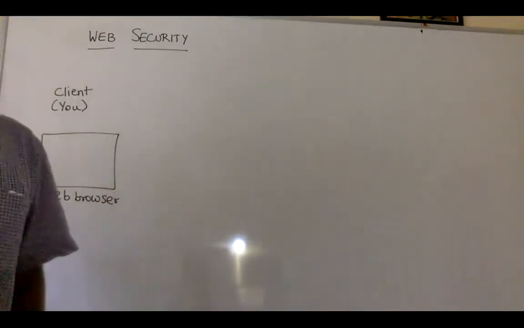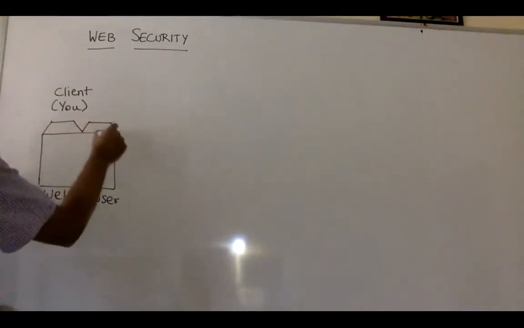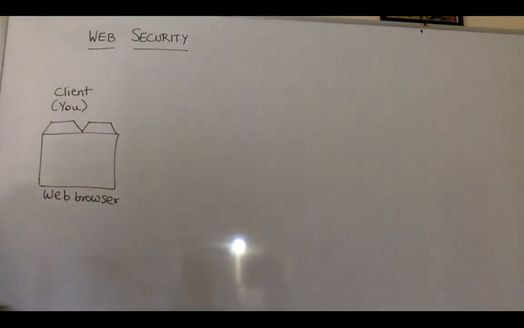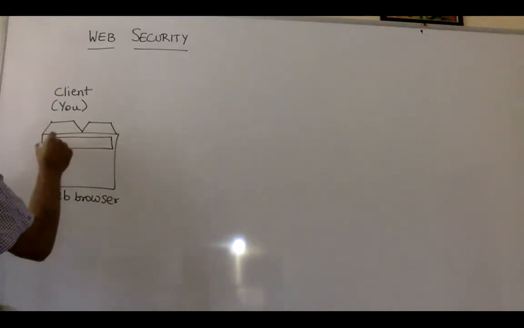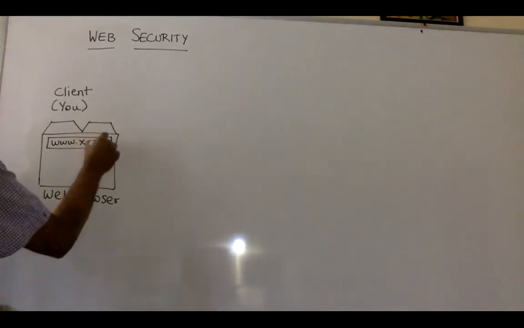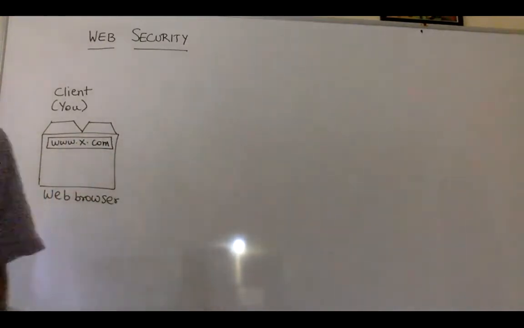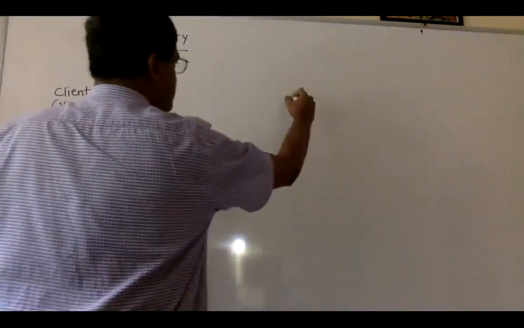Okay? So within your web browser, of course, you will have various tabs within which you do your browsing. Maybe this is your current tab and you're logged into a particular website called www.x.com. Okay? So that is you sitting in front of your web browser. On the other end, of course, there is the web server.